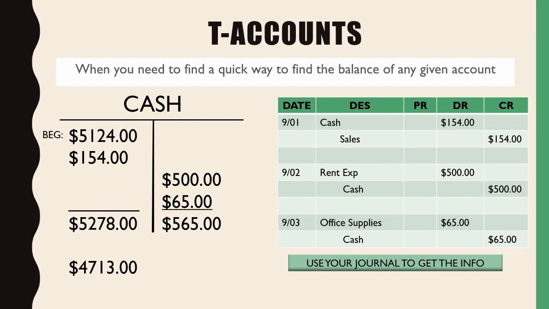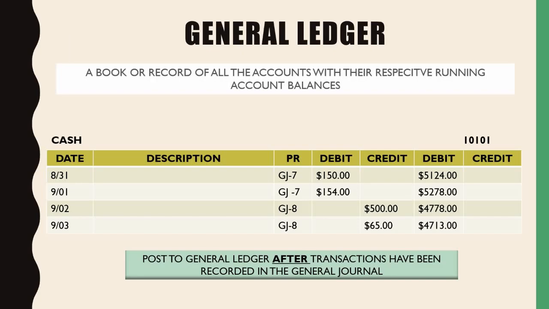But there is an actual book that allows you to recognize your account balances at any given point in time, and that's where we're going to talk about the general ledger. The general ledger is a book that has a list of every single account with its respective account balances.